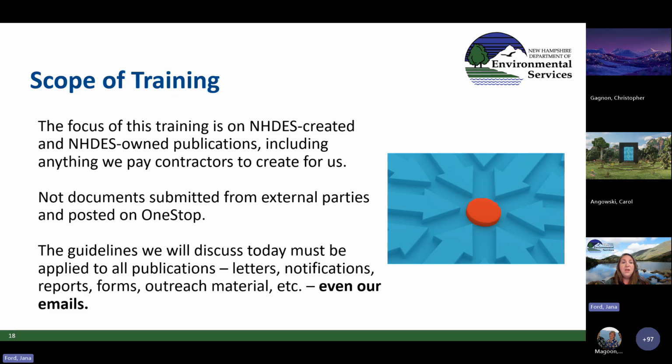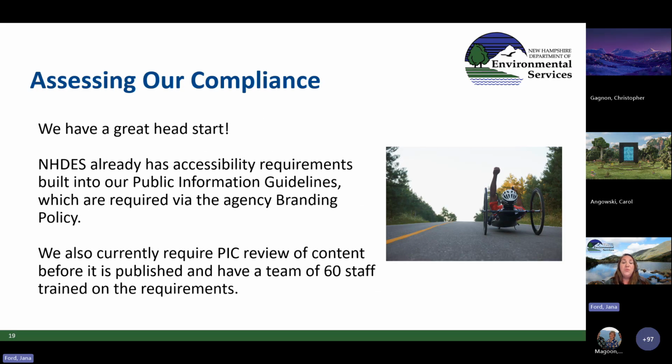Now, the good news is we are currently in really great shape. The DOIT has acquired software that crawls our websites and flags problems for us. All of our main websites are currently set up in this system. We also already have a process in place for review of all updates to web pages, documents, and forms before they are published.